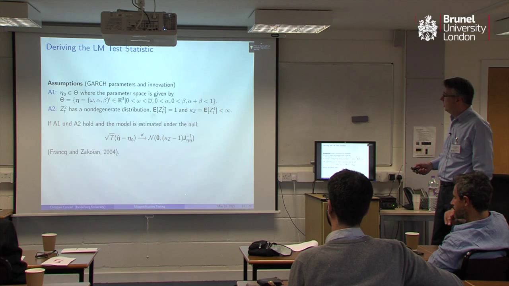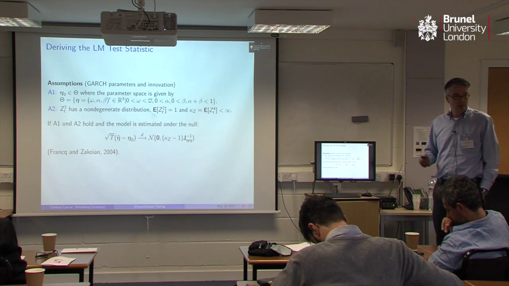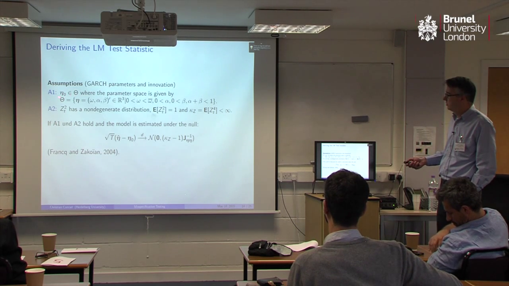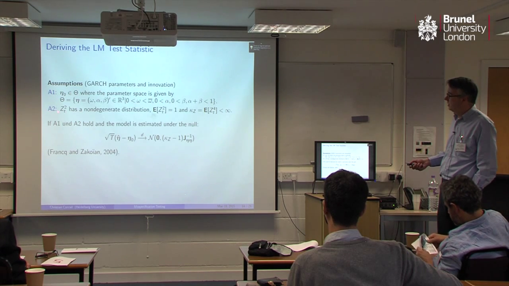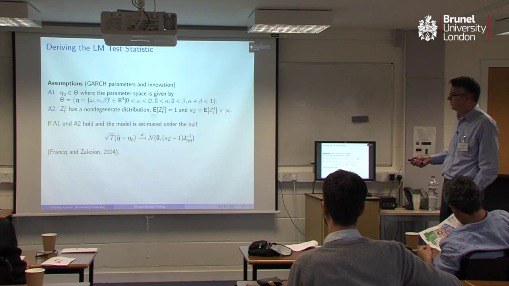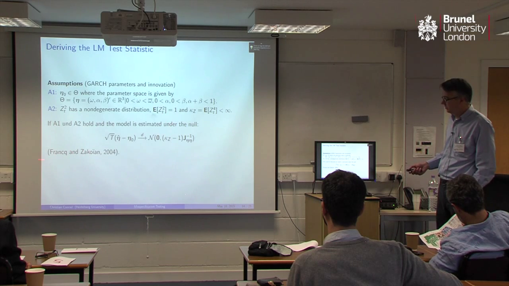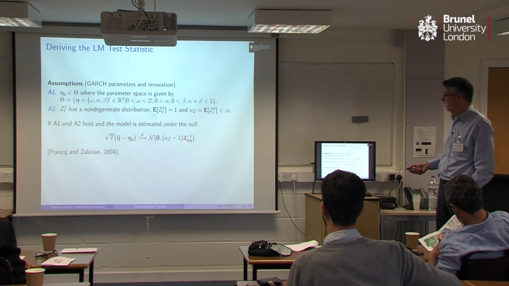Okay, now the assumptions that we need. Under the null, we simply estimate the GARCH(1,1) model, so we first just need the assumptions for a GARCH(1,1). This is A1 here. And we assume that the innovation z_t has a finite fourth moment. Then these two assumptions, and this is just the Francq and Zakoian result, imply the asymptotic normality of your QMLE estimator with this covariance matrix here.